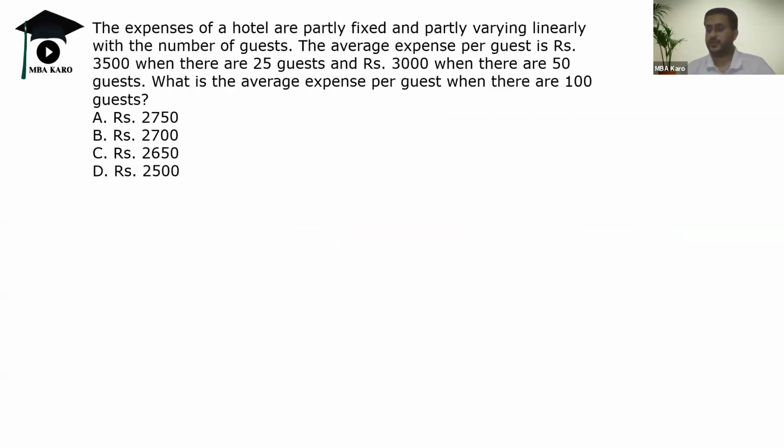Okay, here's the next question. See this carefully. It says the expenses of a hotel are partly fixed and partly varying linearly with the number of guests. Okay, and it is given that the average expense per guest is rupees 3,500 when there are 25 guests, and 3,000 when there are 50 guests.